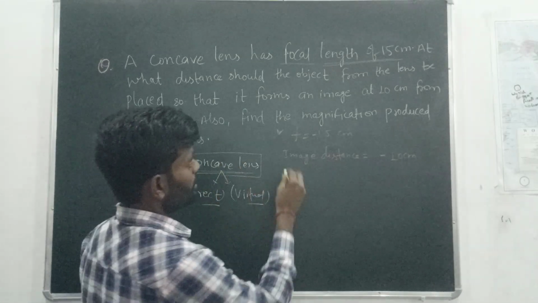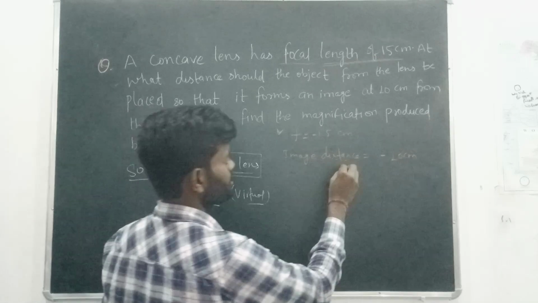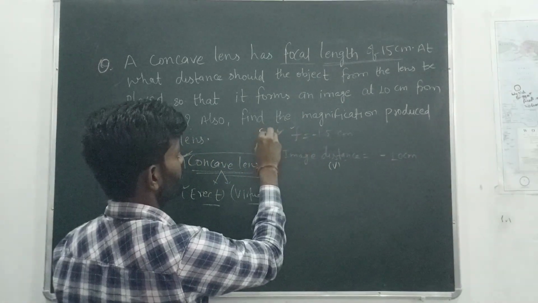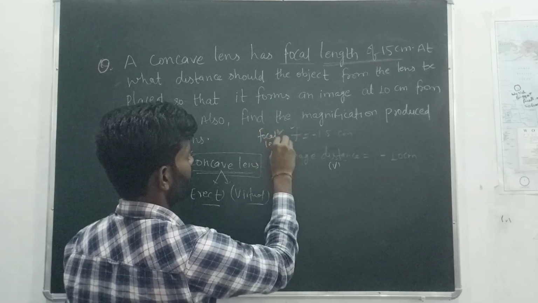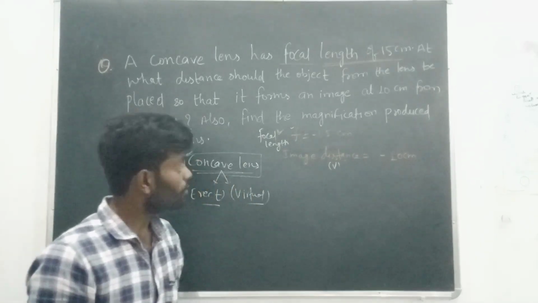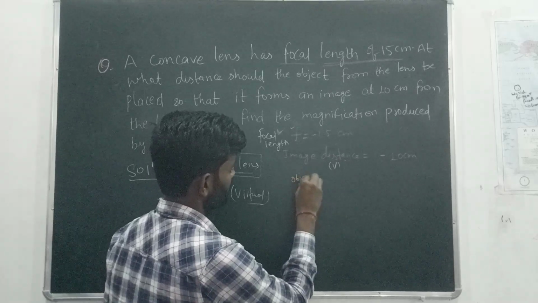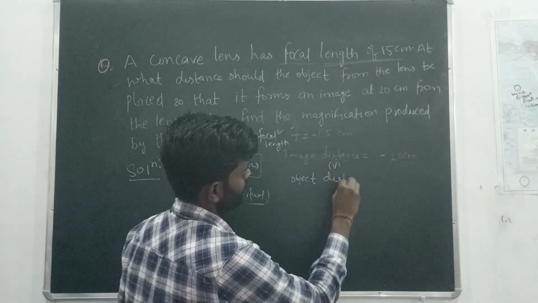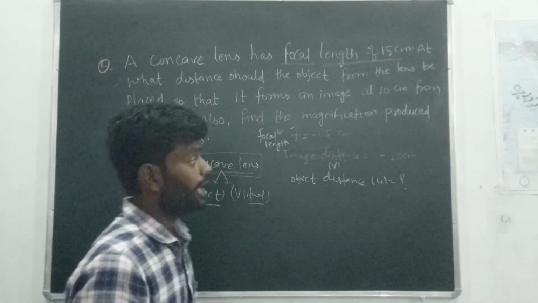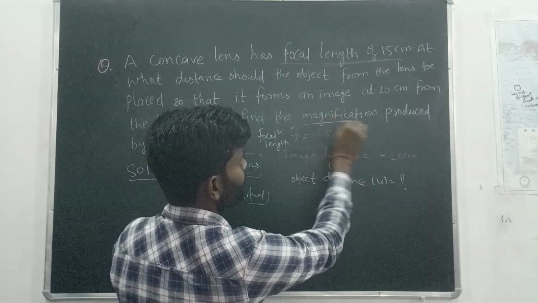As we know, image distance is denoted by small v, and f is the focal length. Now we have to find the object distance u, and also there are two questions in one, so we also have to find the magnification.